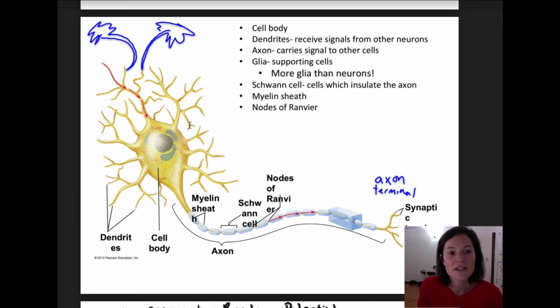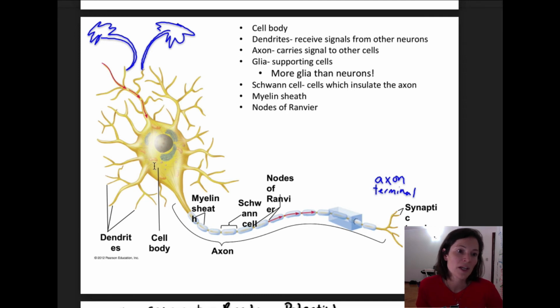But depending on all the information coming into this cell body from the dendrites, it will cause this neuron to either send a message, and this long skinny part is the axon.